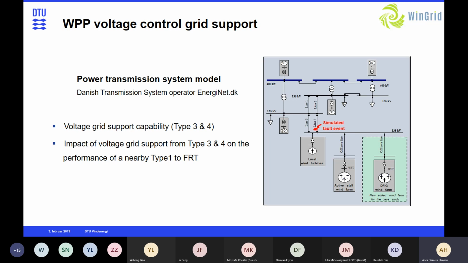So what we have here, I have shown the active power performance, and now we have wind voltage control. Here we had the transmission power system delivered by EGINET, and we have extended it with an offshore wind farm.